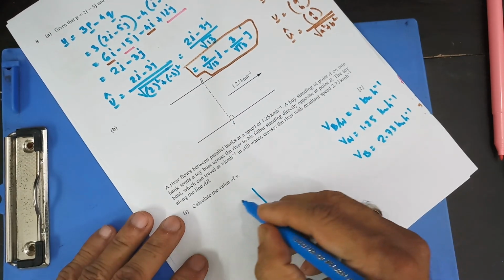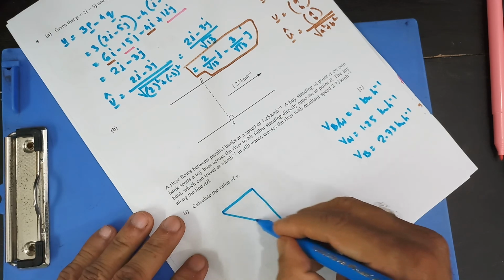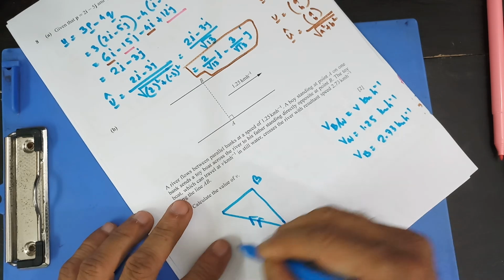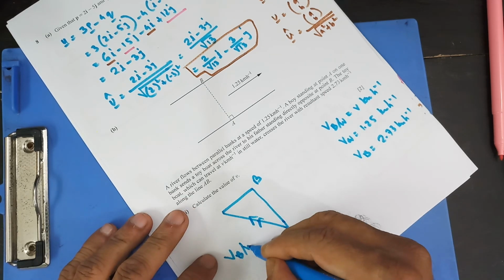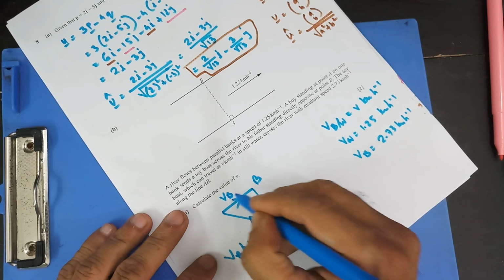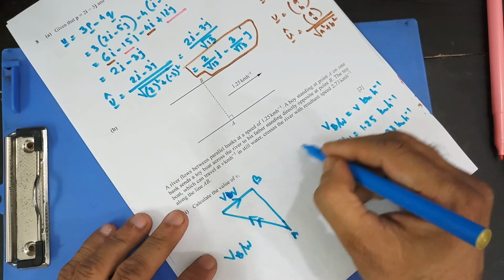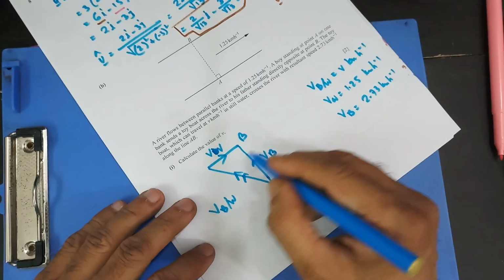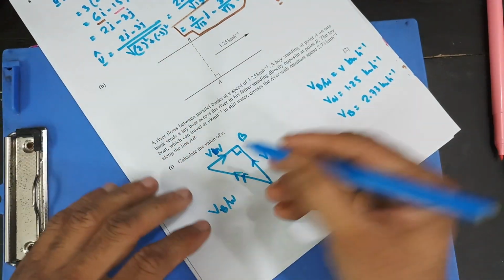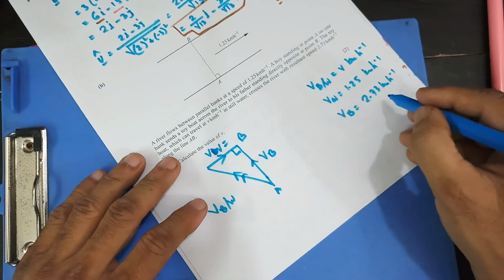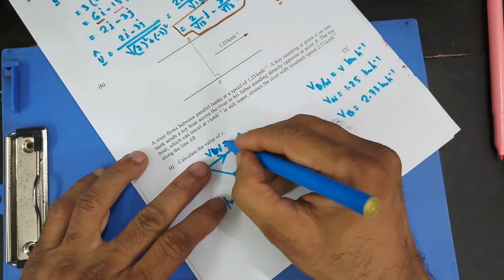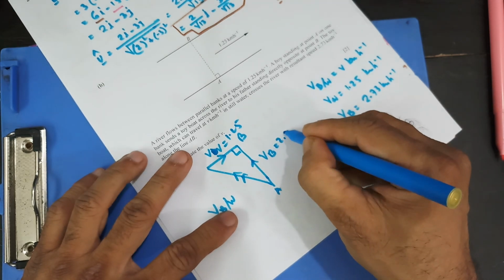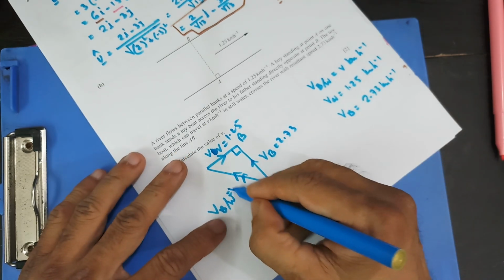This is a vector diagram we need to draw. See that AB. This one is the velocity of the boat relative to the water. This is the velocity of the water, going this way, and this is the true velocity of the boat. So we can use this 90 degree angle and just Pythagoras' theorem. The velocity of the water is 1.25, this one is 2.73, and this is just v.